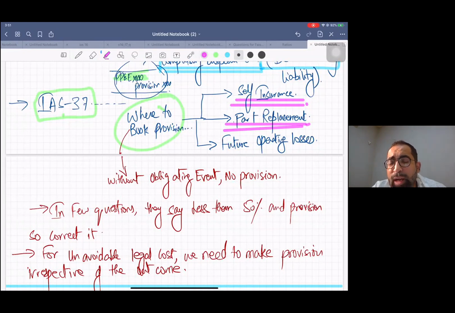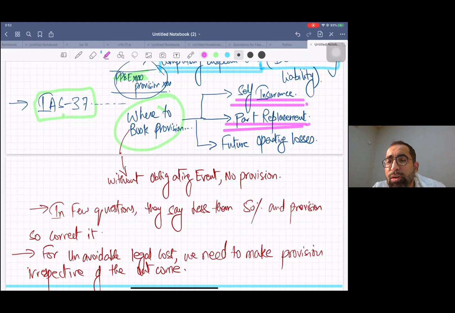So after the introduction of IAS 37, we cannot book provision for part replacement. So sir, what do you have to do? The part replacement should be treated like a complex asset.